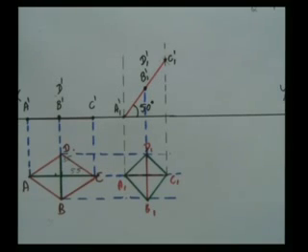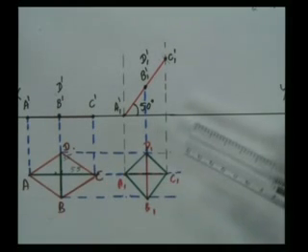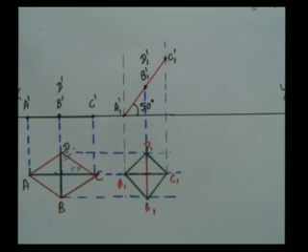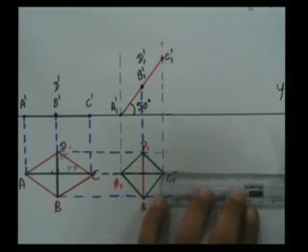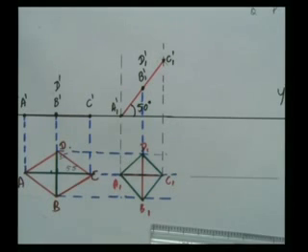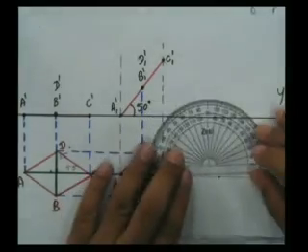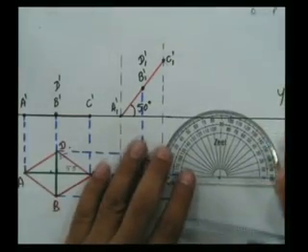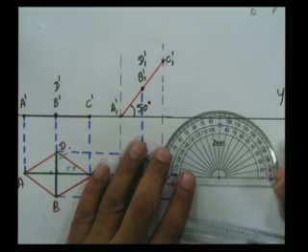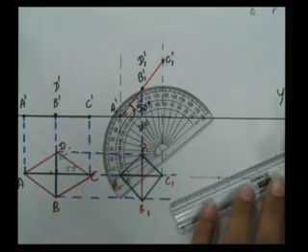Now what we have to do is put this square so that this diagonal AC is making an angle of 20 degrees with respect to VP. So I'll extend this and this will be VP. For 20 degrees, I'll take this point, and now 20 degrees from this point is what I want. 20 degrees is here, so I'll extend this line.